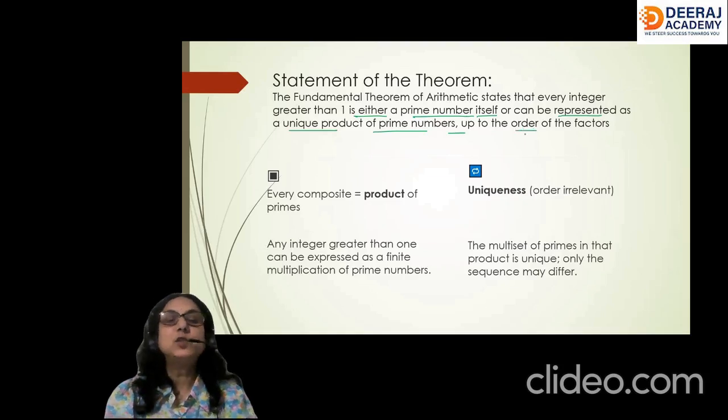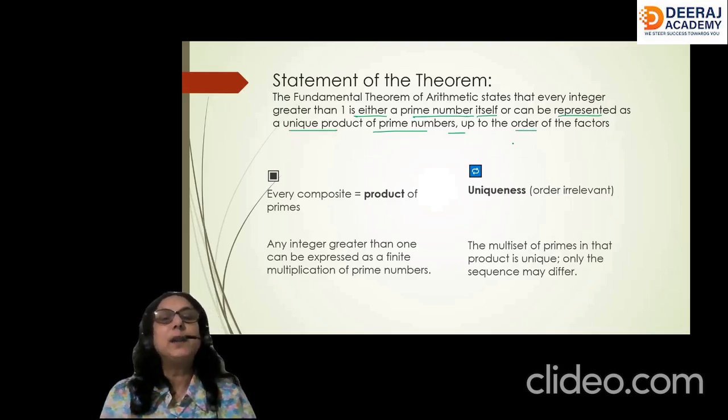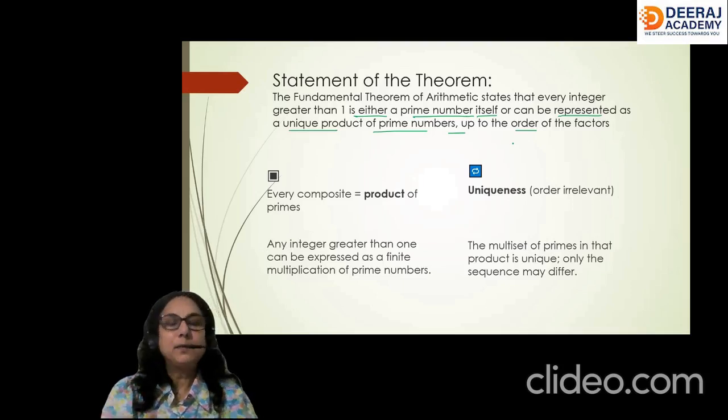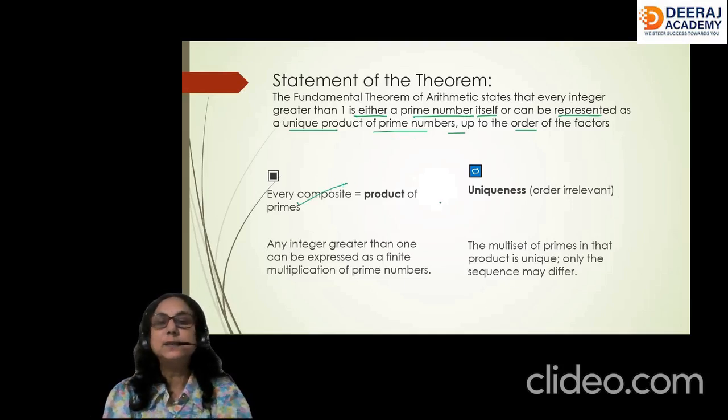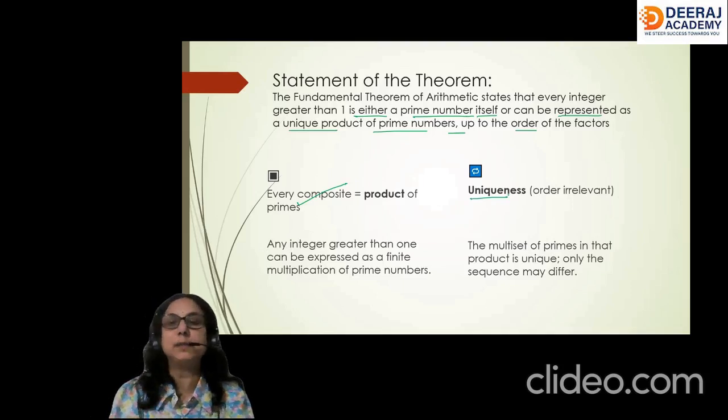So what is the unique product? Unique product means the prime factors are unique to that one number. If the number changes, its prime factors will also change. The numbers which have factors other than 1 and itself, we call composite numbers, and their factors are unique to the number.